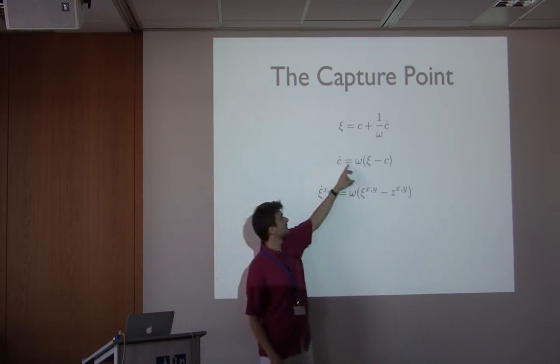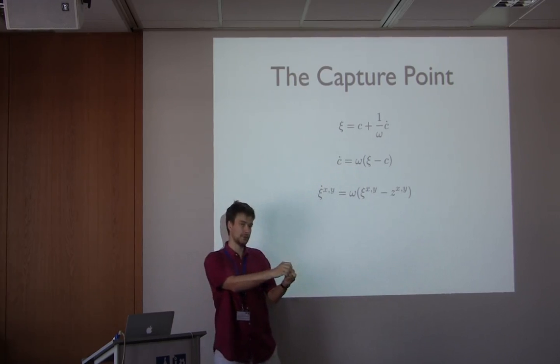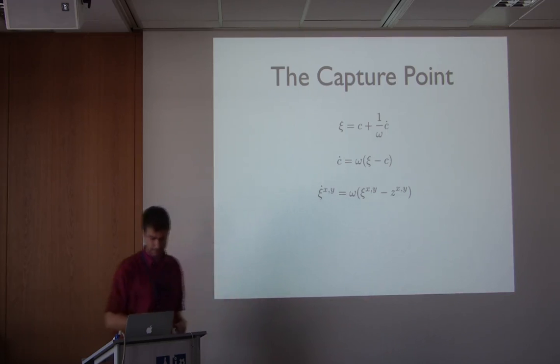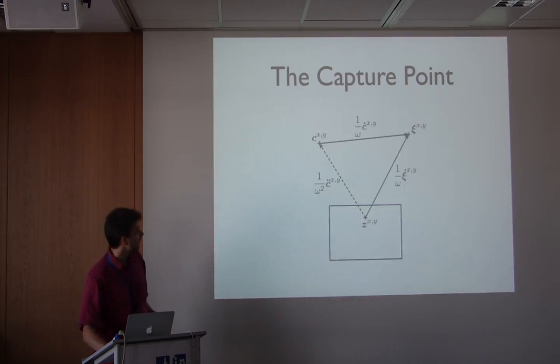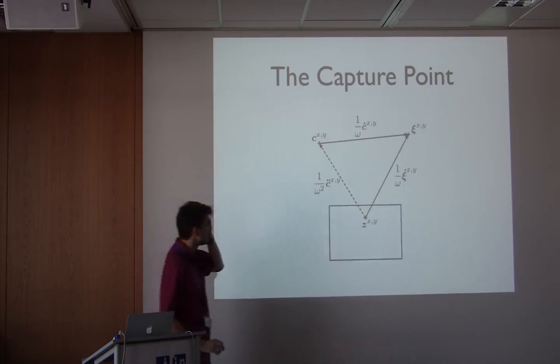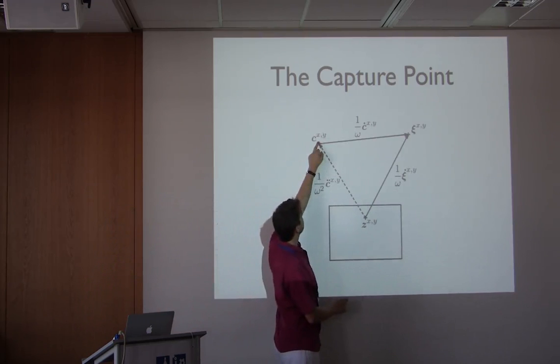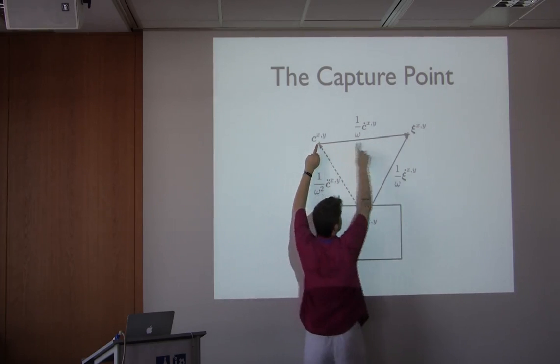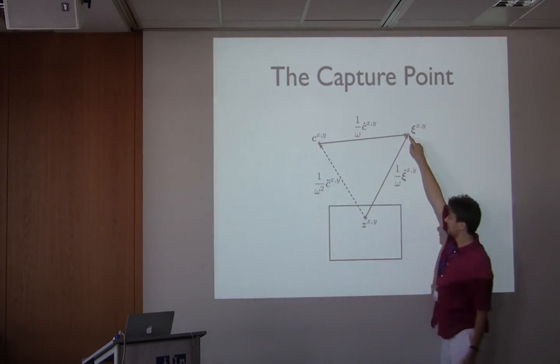So the center of mass is moving towards the capture point, but the capture point is moving away from the center of pressure. You can see this in this plot here. If you have the center of mass here, the center of pressure here, you have the speed of the center of mass, and then you have the capture point, which is here.